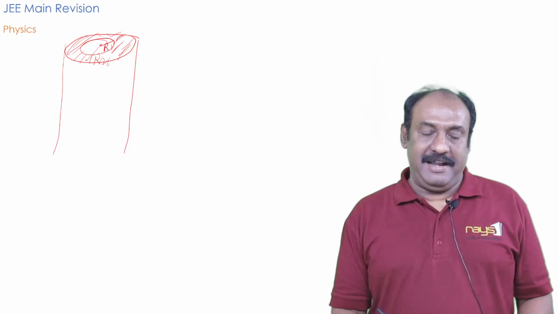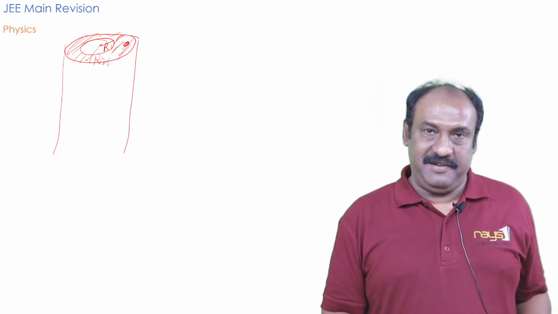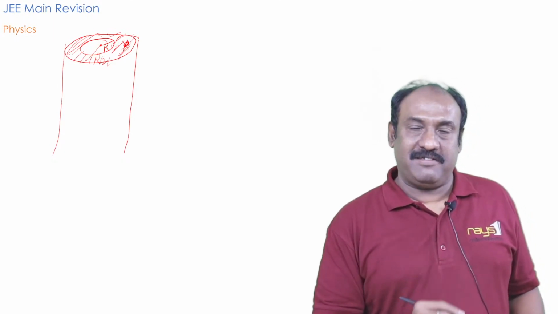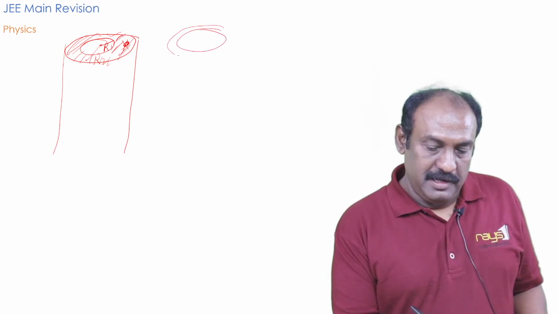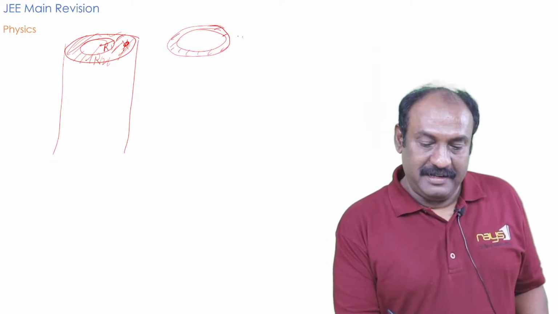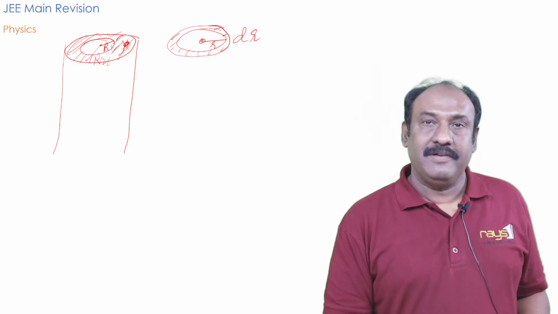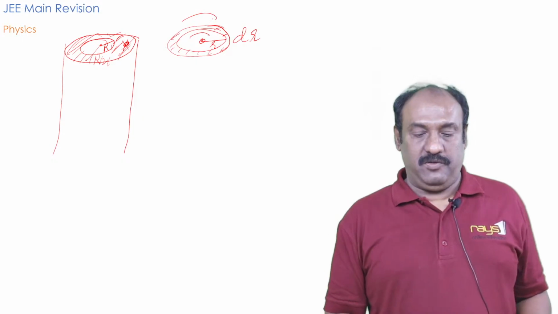Suppose I consider the magnetic field induction at a point in between the internal radius and external radius. Here I considered one elemental ring of thickness dr at a distance r. It lies in between R1 and R2 radius.